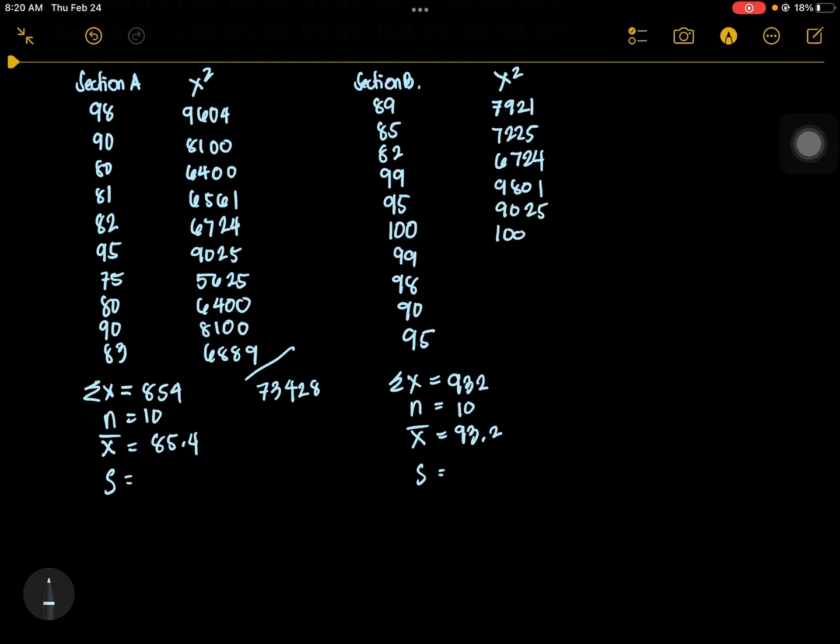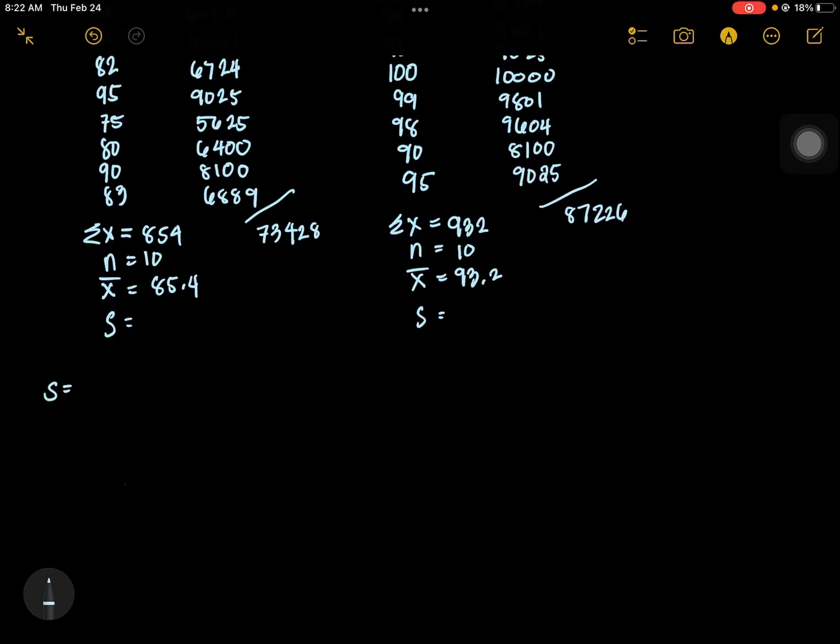Then you have 10,000, 9801, 9604, 8100, and 9025. The sum is 87226. Okay, this is the other way of solving the standard deviation.